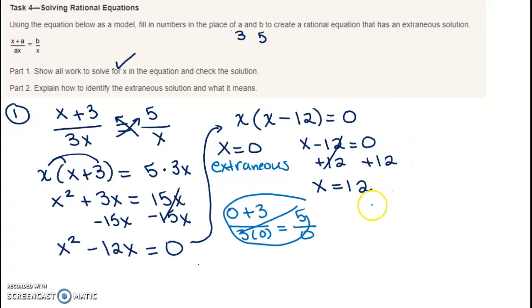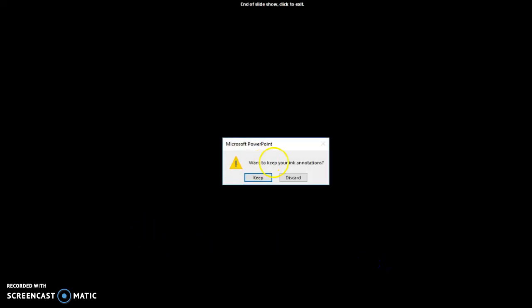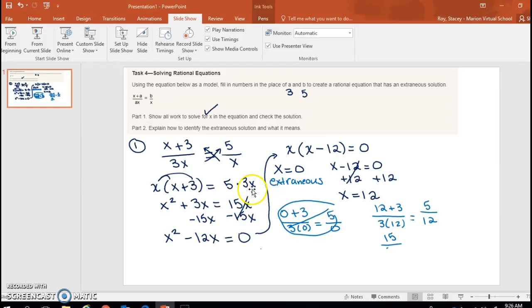Let's check the 12. 12 plus 3 over 3 times 12 equals 5 over 12. So let's see if that works out. 12 plus 3 is 15. 3 times 12 is 30. Oops, sorry about that. Hold on one second.